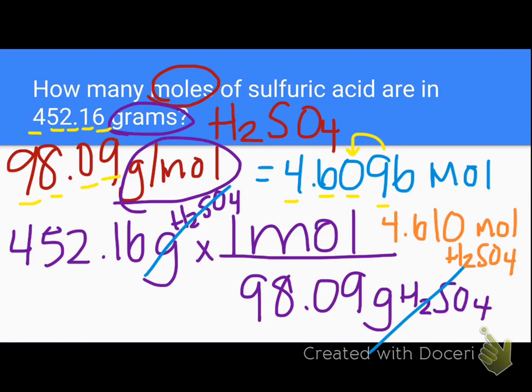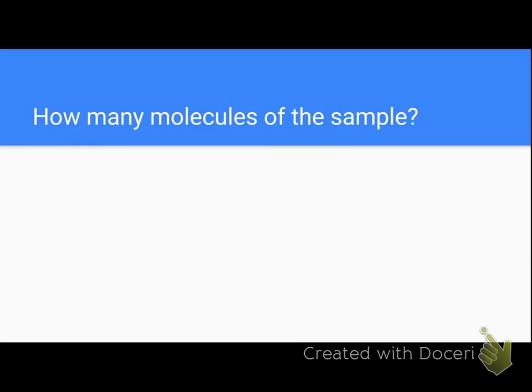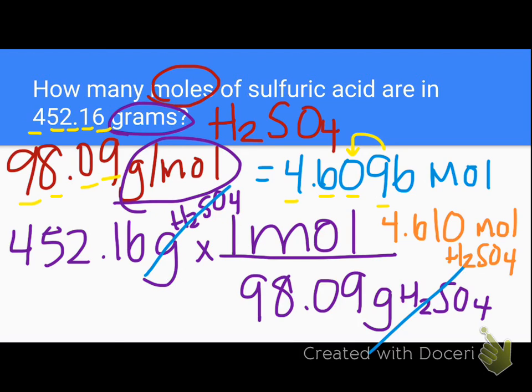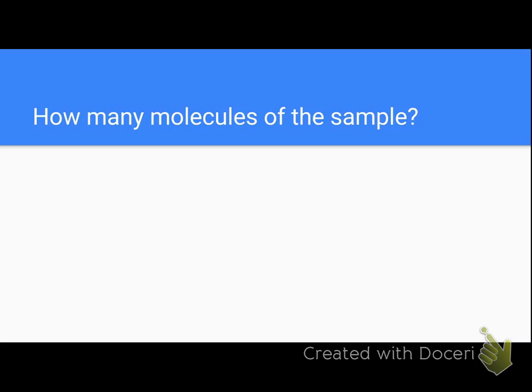Okay. This next part I'm going to let you do on your own for the next problem. It's going to come off of this problem here. So you are going to determine how many molecules are in the sample. So I'm going to go ahead and get you started here. Let's write some information down. We had 452.16 grams.